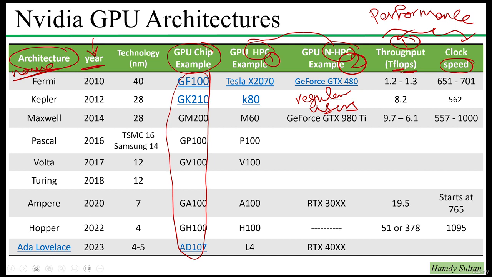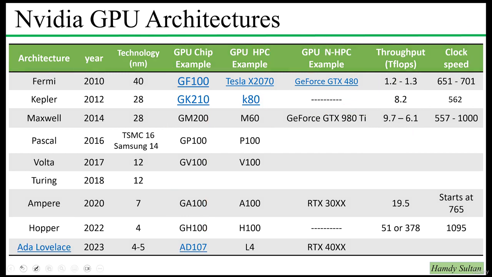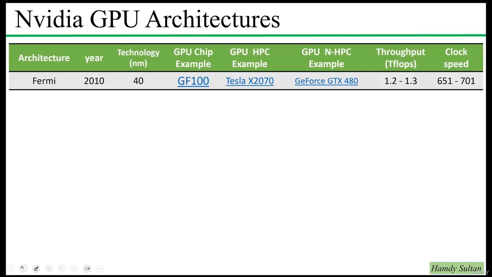For these parameters, in most cases, I'll show one value for the high-performance computing GPU and another for the GPU dedicated to regular consumers. Now, I'll delve into the various architectures of Nvidia GPUs. Let's start with the Fermi architecture.